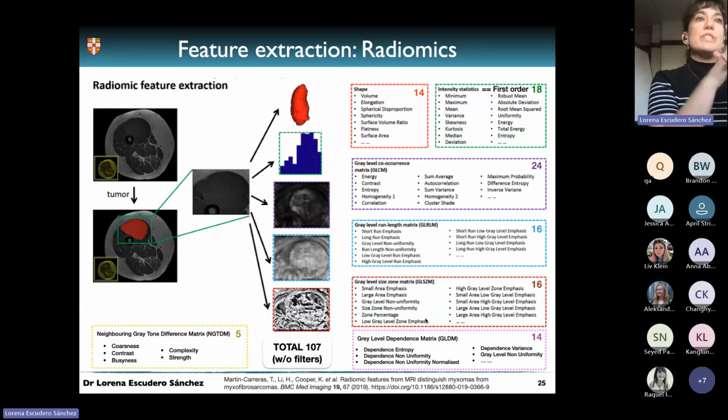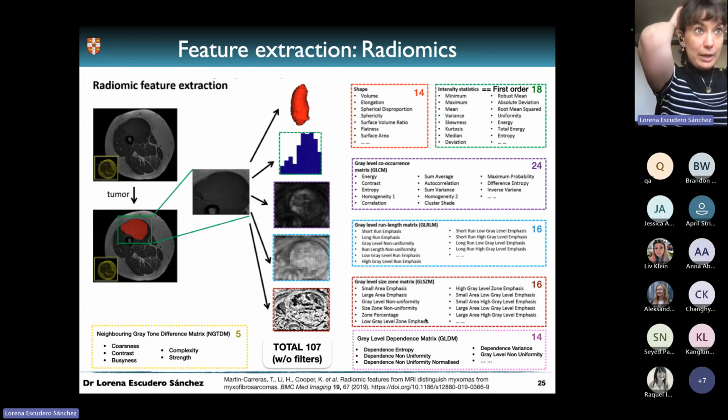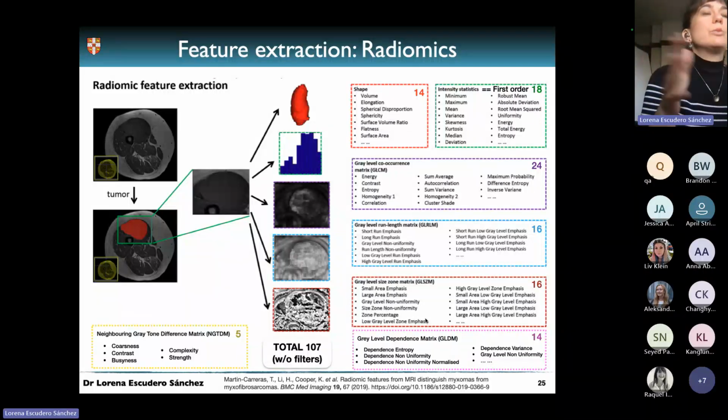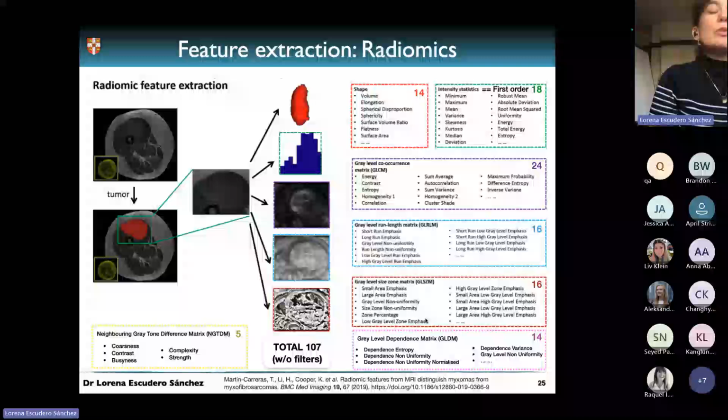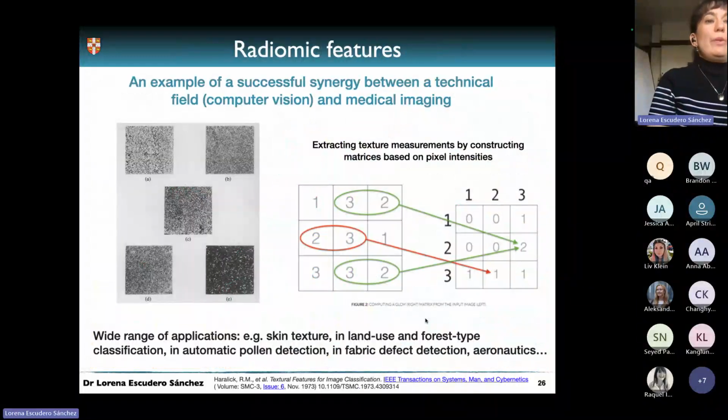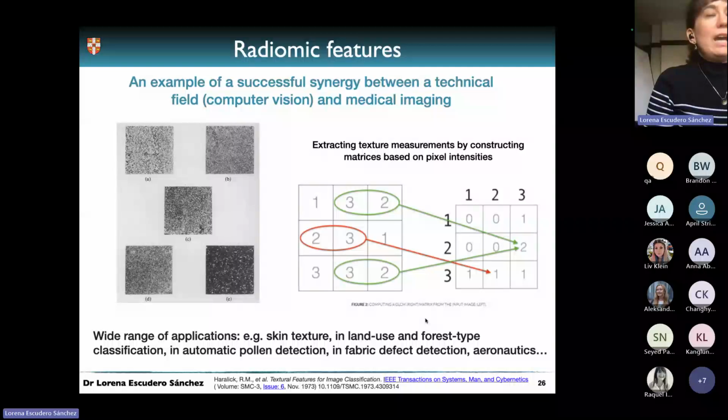They can be measurements of shape, or measurements of the pixel intensities building a histogram, these first order features, and the typical histogram measurements that you can get, skewness, kurtosis, and so on. And then higher level features would be measurements of texture, which are based on the Haralick features that we know since the 70s, and they have uses in a lot of different applications.